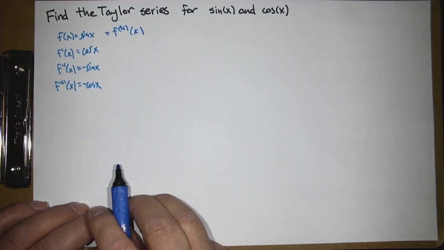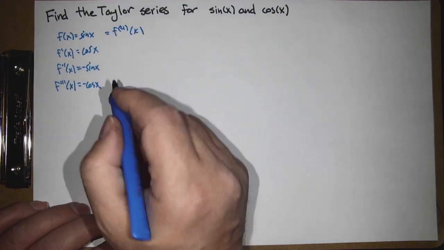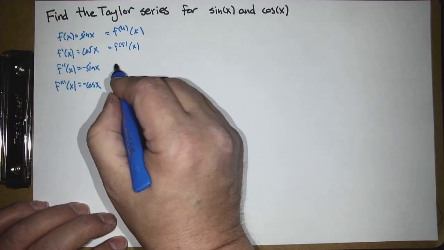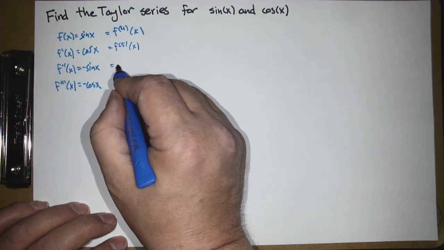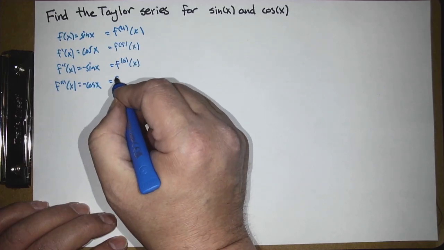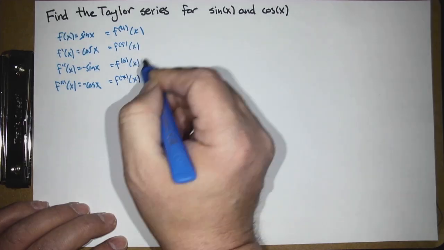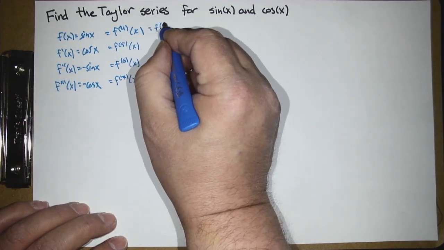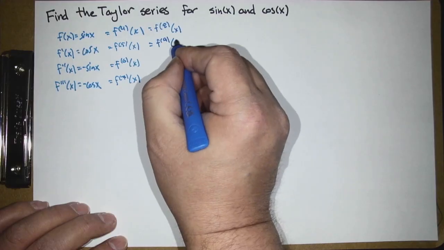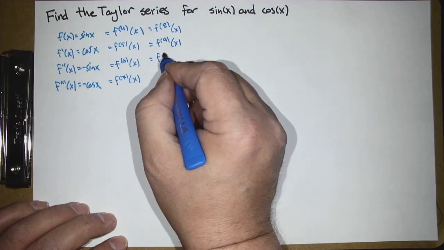What's the fifth derivative? It's cosine. What's the sixth derivative? Negative sine. And what's going to happen? Well, we're just going to be cycling. When we keep looking at these derivatives, it just cycles through four possibilities.